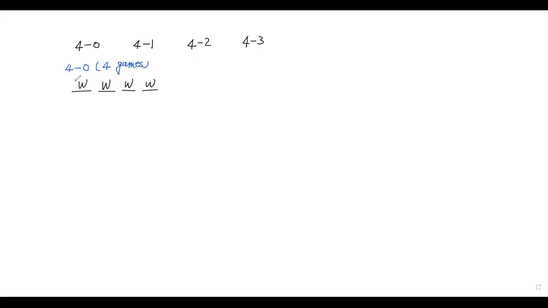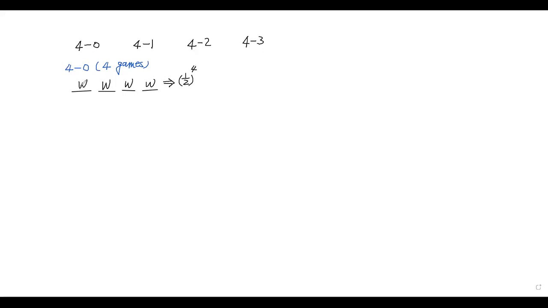Let's say this is team A. What is the probability here? Because they're evenly matched, it's a half and half chance, so this will be 1/2 to the 4th power.